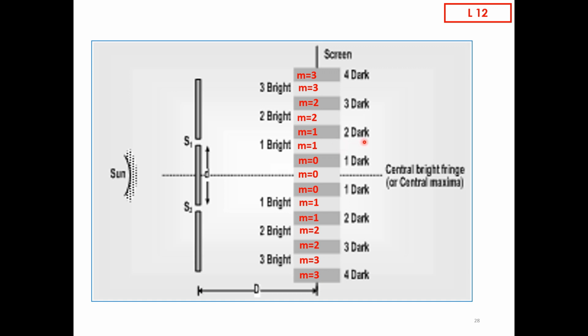Next, the second dark fringe uses m equals 1. Then the second bright fringe uses m equals 2. For the third dark fringe, we use m equals 2 for the number of order.